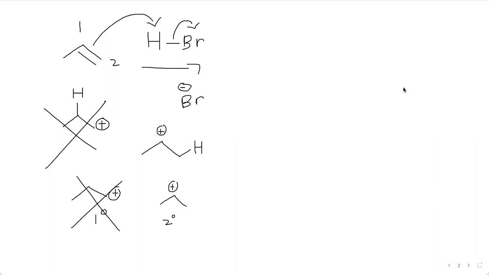So imagine I have a problem like this one. And I'm going to react it with something like this. So I have H plus, remember, which is an acid. And this time I'm going to react it with an alcohol, such as ethanol.